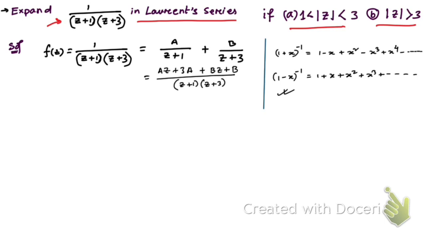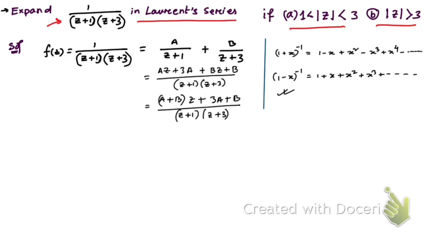So we can take z common from these two terms. Then we have a plus b into z, and the constant part is 3a plus b, divided by z plus 1 into z plus 3.